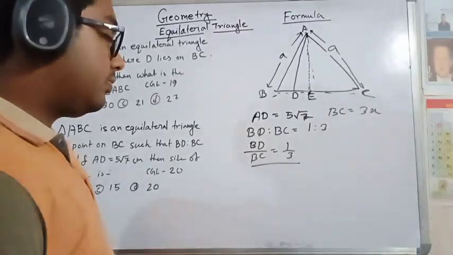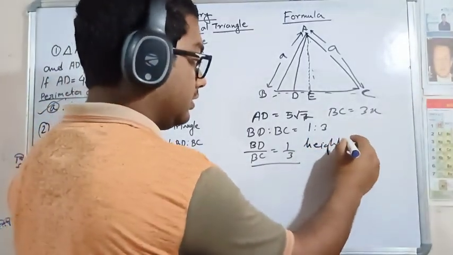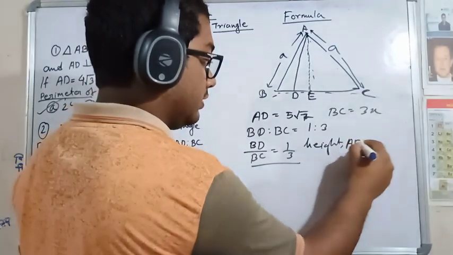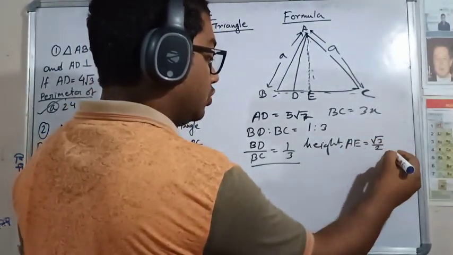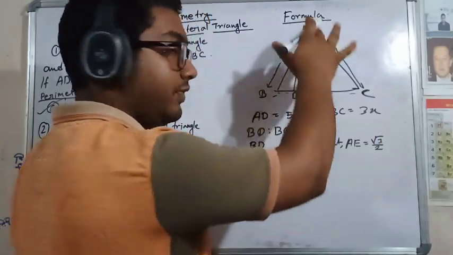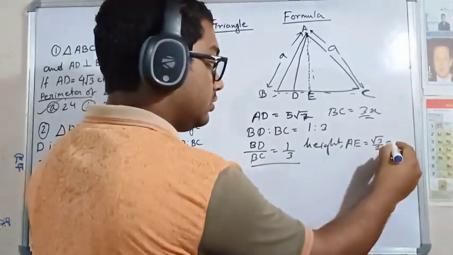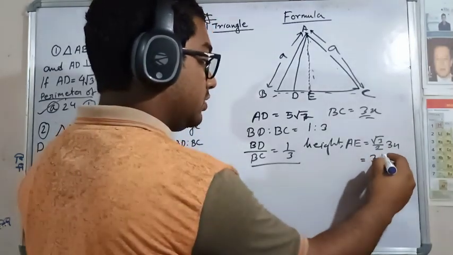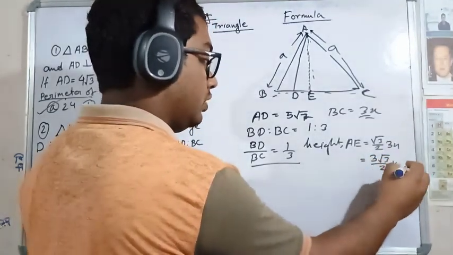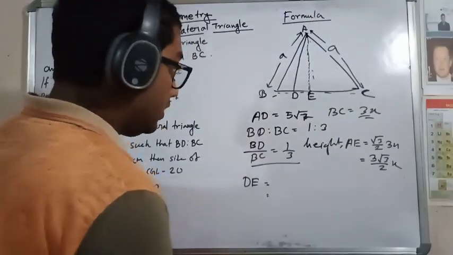Now we take the height AE is equal to root 3 by 2 times the side, because every arm is the same, so we take 3x. So we can find it is 3 root 3 by 2 x.